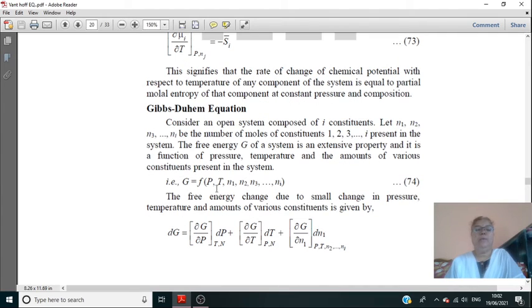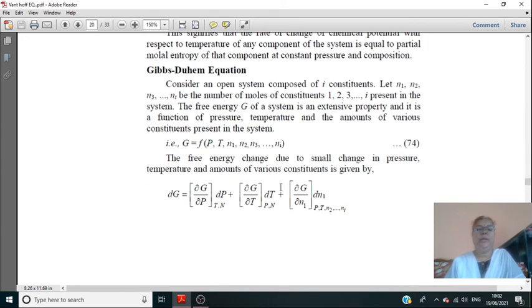Mathematically we can write G equals F of P, T, N1, N2, N3 up to Ni.